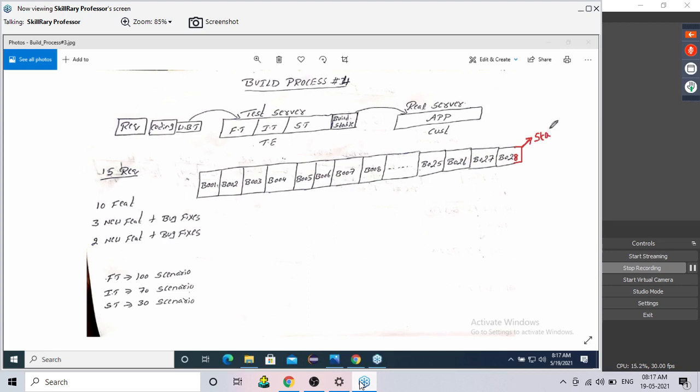Now the most important question, which no one asked me in the last class also: how many types of testing are there? Forget about all other things. Right now, whatever I've told, only speak that. Correct. 3 types: functional, integration and system. But if you observe, there are 28 or 25 or sometimes 35 builds also.